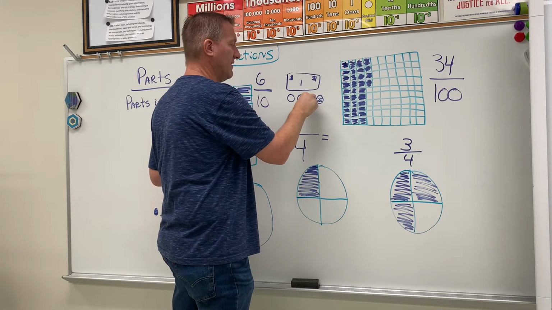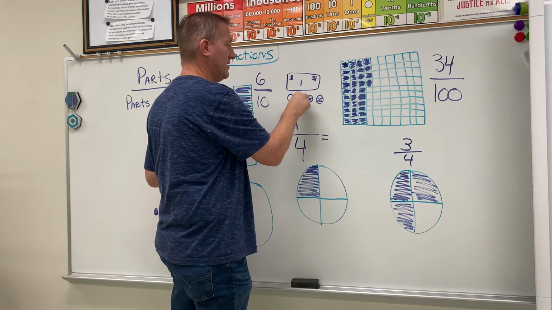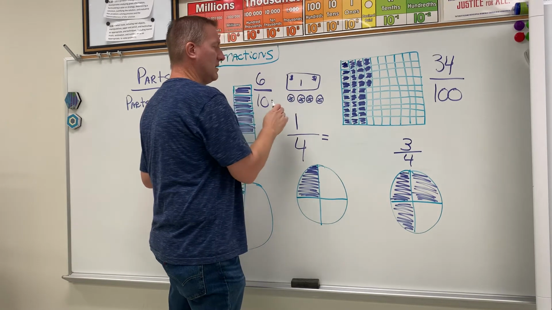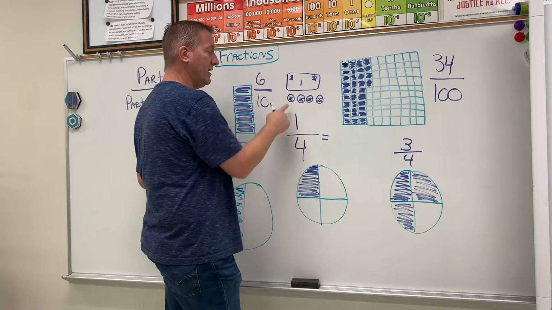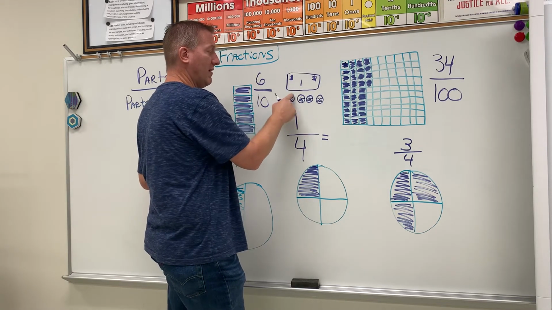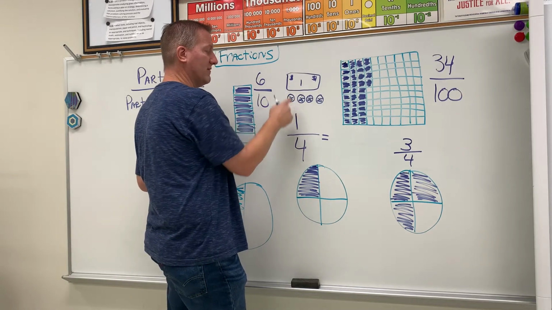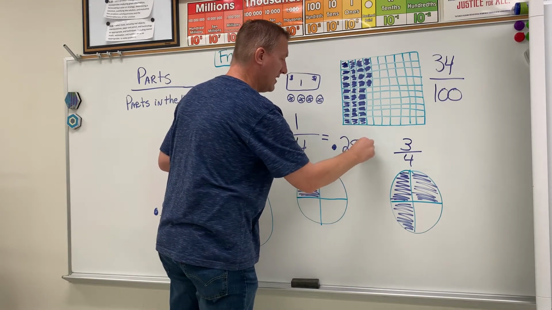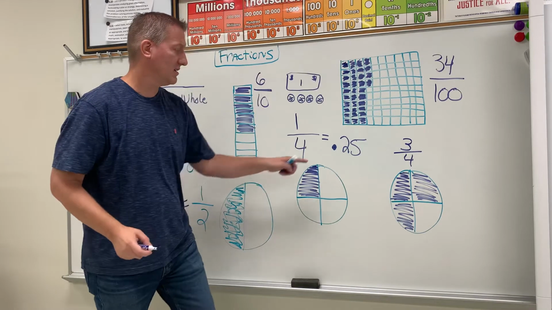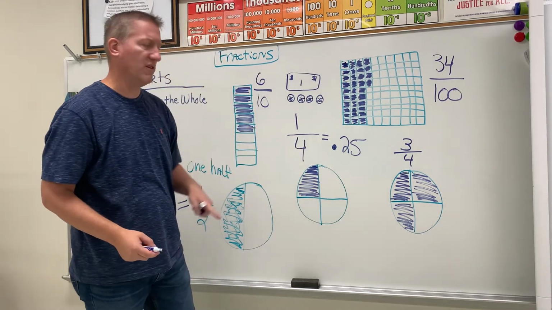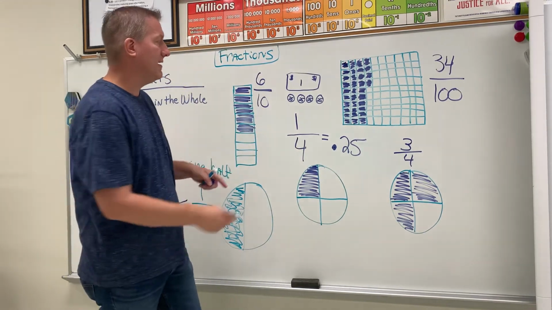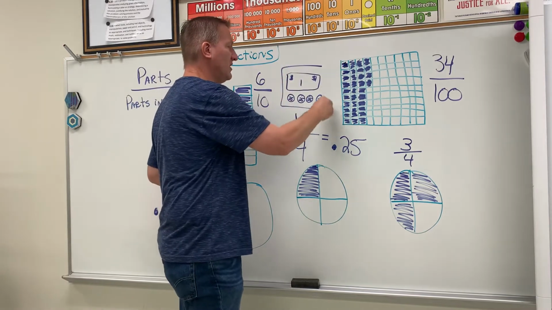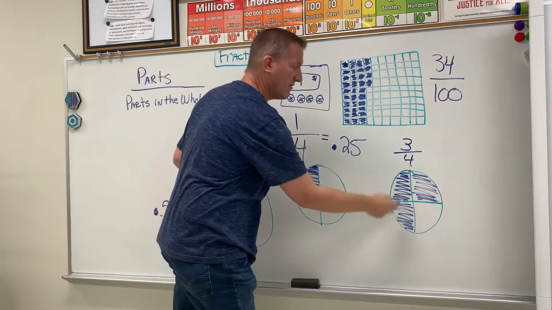That are 25 cents each, and they make up $1. So 1/4 would be one of those, or 25 hundredths, right? 25 hundredths equals 1/4.